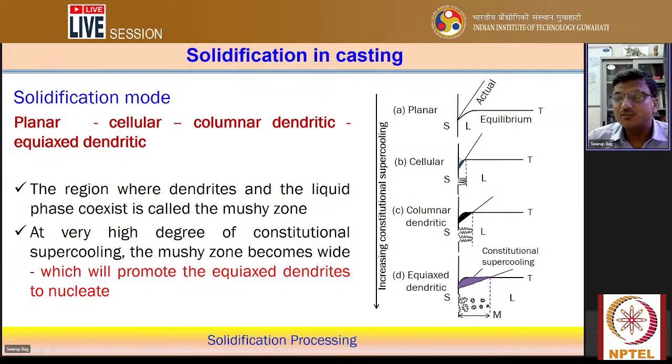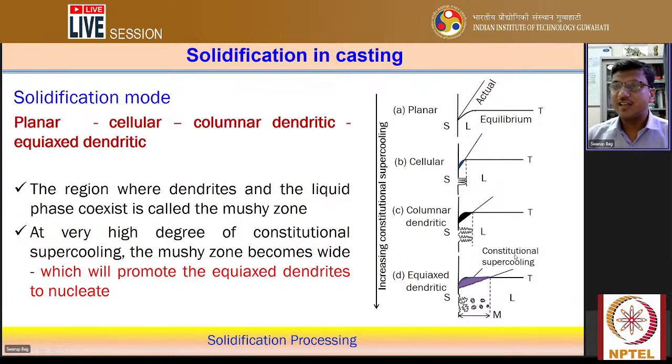Cellular means the shaded zone is there, and in that case a cellular structure is stable. Further, if the constitutional supercooling zone is larger, it creates a columnar dendritic structure at the solid liquid interface. If it is even larger, it will create an equiaxed dendritic structure.